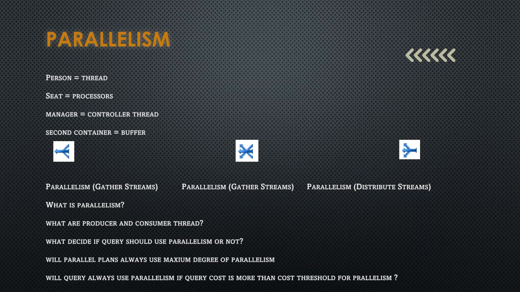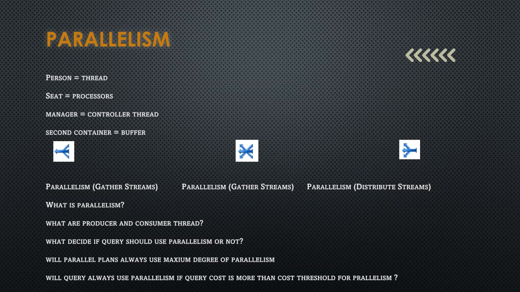So the gather stream, as you can understand from the sign itself, converts the parallel plan into the serial plan. The repartition stream, which is the middle one, swaps from one stream to another stream. You will understand this better when I cover CxPacket in the next video.